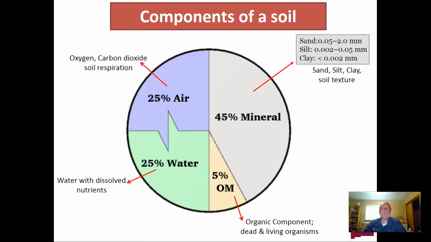Here in New Mexico, we're thrilled if we can get just 1 or 2%. And if you're hitting 3%, you're doing outstanding. Then the other 50% is basically pore space, which will be filled up by water and air. As you water the field or water your garden, the pore space will be taken up more by water. And as it drains and evaporates, that'll be replaced with air.